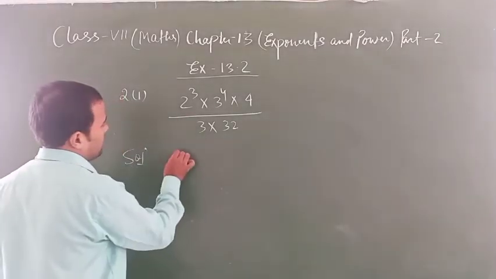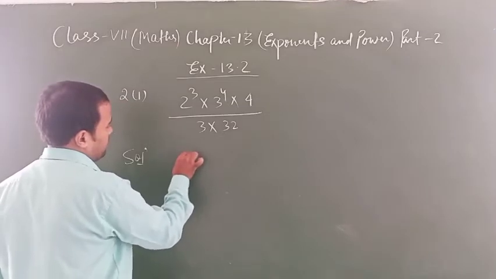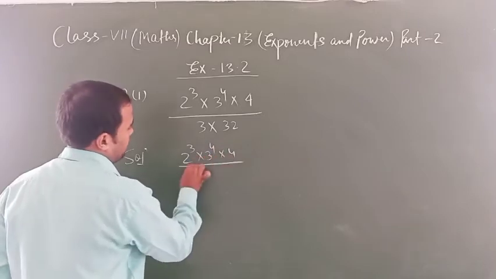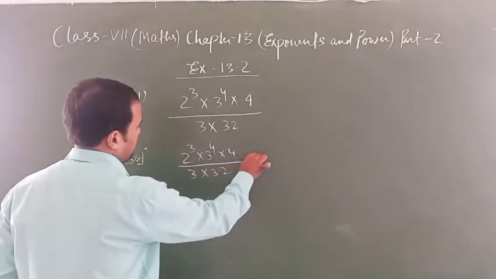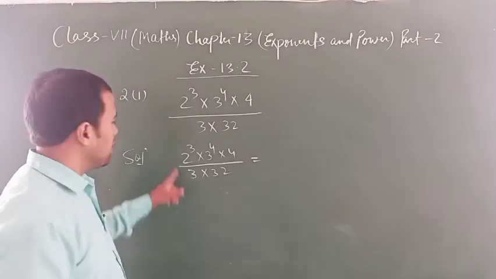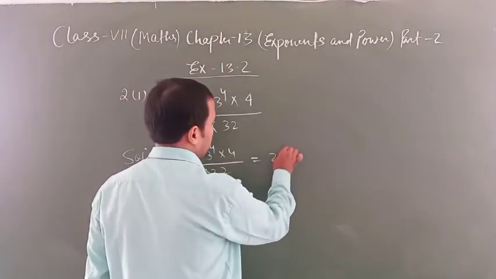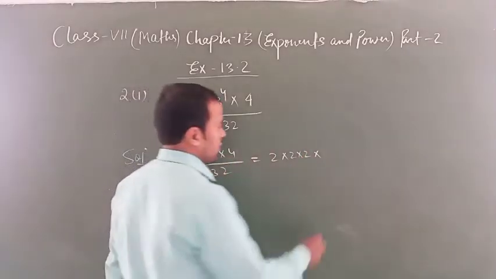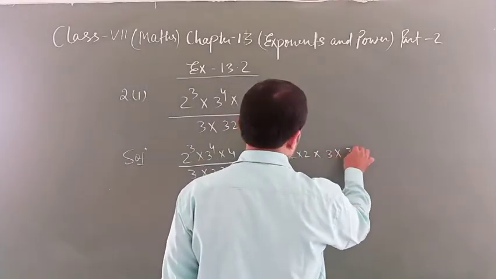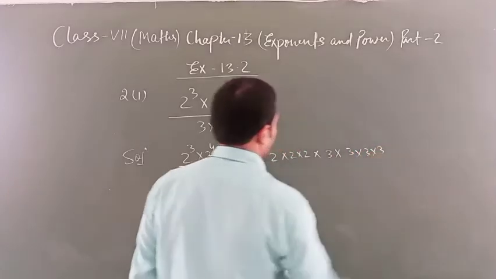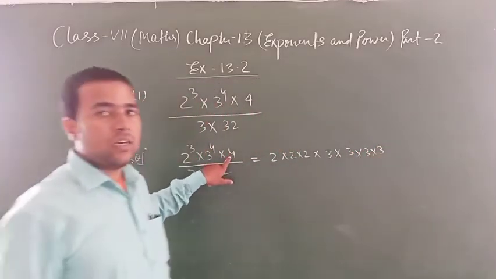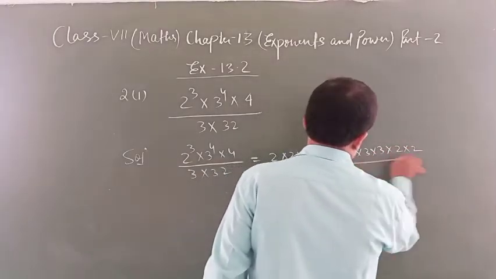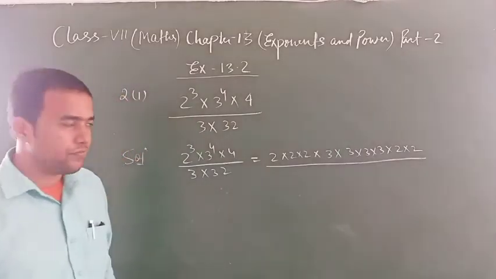So 2 power 3 into 4. 2 power 3 means we can write 2 three times: 2 into 2 into 2. 3 power 4 means we write 3 four times: 3 into 3 into 3 into 3. 4 we can write as 2 into 2, 2 to the 4.